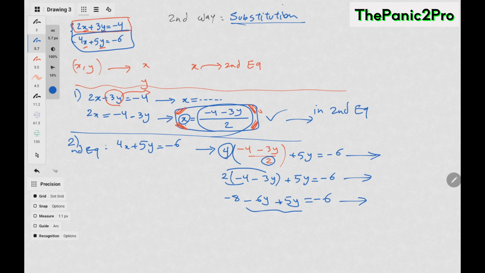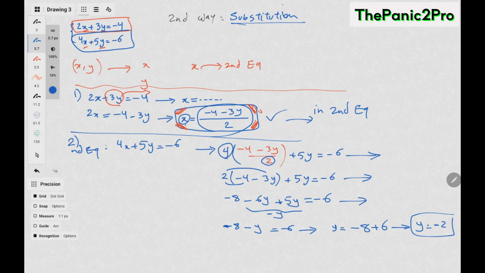Simplify this. 5y minus 6y is minus y. So minus 8 minus y is minus 6. Simplify that. Y is minus 8 plus 6. Then y is minus 2.